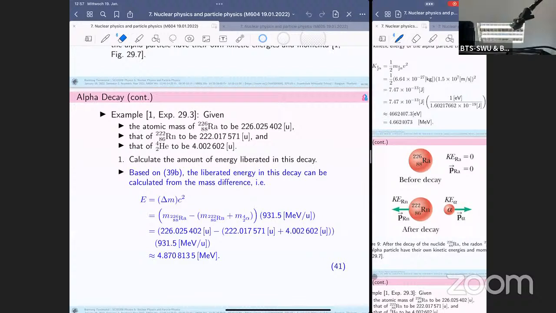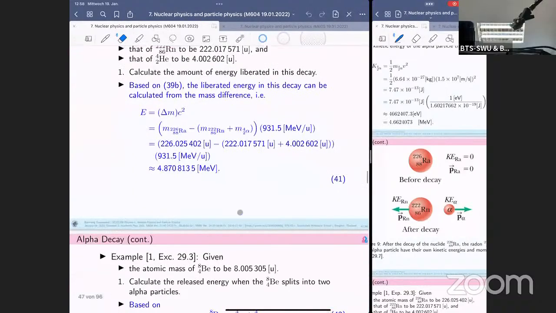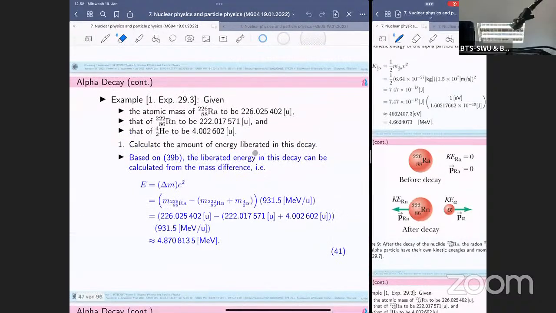The next thing is that we're going to see the next example. This is quite simple. You just use the expression by Albert Einstein, and in the fast way. You can do it in the SI scale, but it's complicated, so we would rather not do that. We use the fast way.